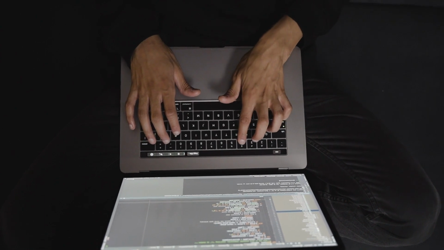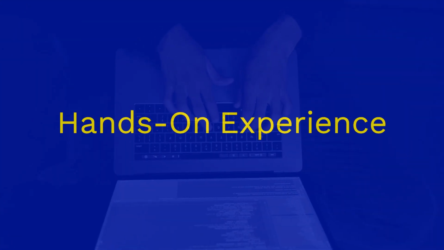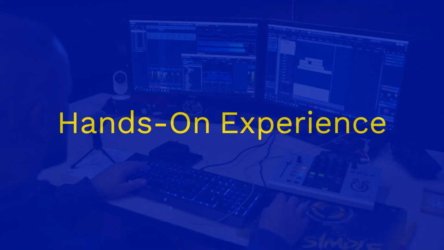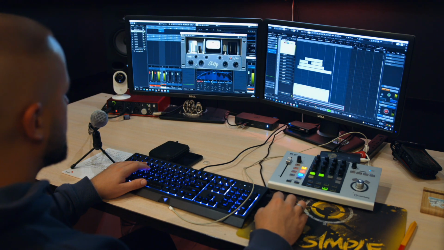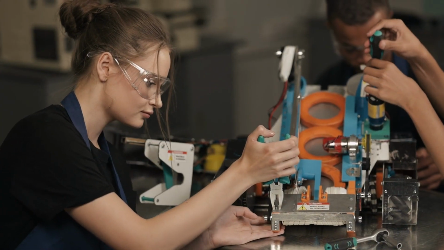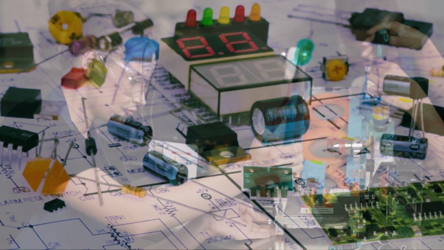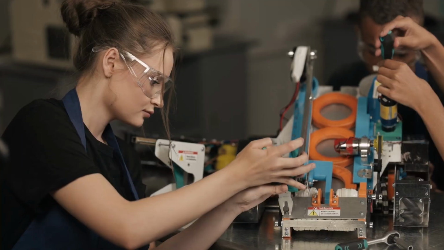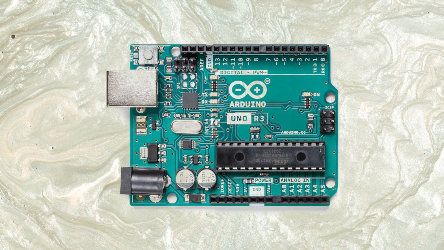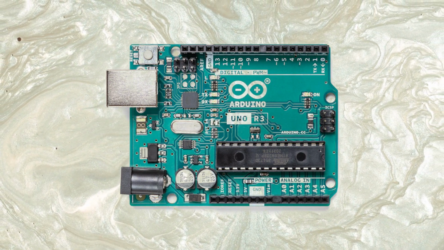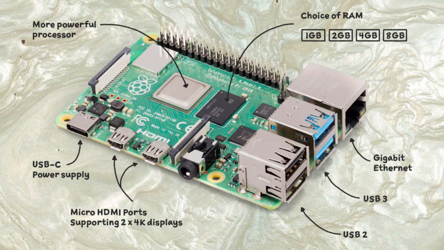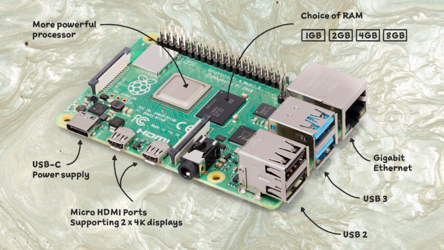Comments section below. Hands-on experience. Gain practical experience by working with development boards, microcontrollers, and sensors. Start by experimenting with beginner-friendly platforms such as Arduino or Raspberry Pi, which provide a user-friendly environment for prototyping and learning embedded development.